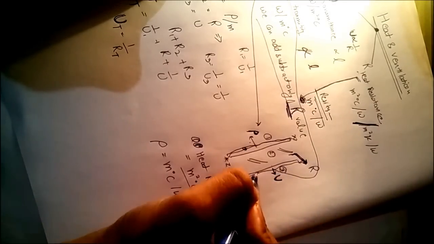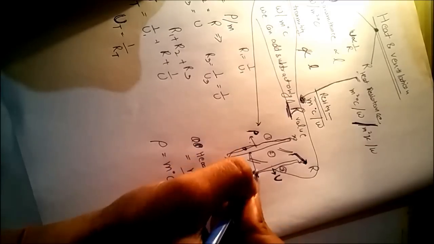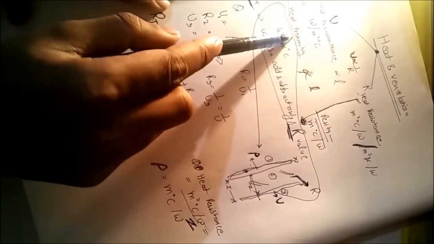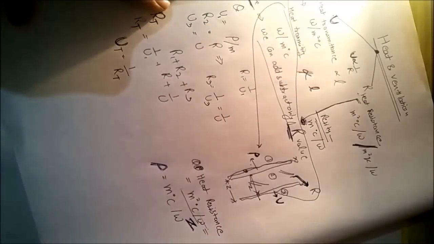The thickness we have given is Z, so we divide the value by Z and we can find the resistivity. Similarly for transmittivity.